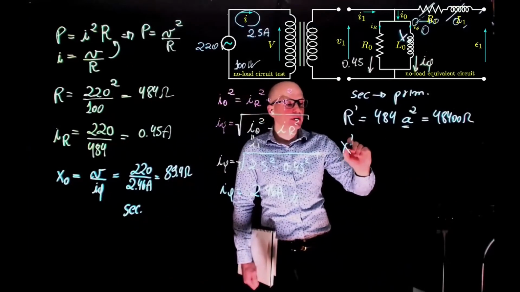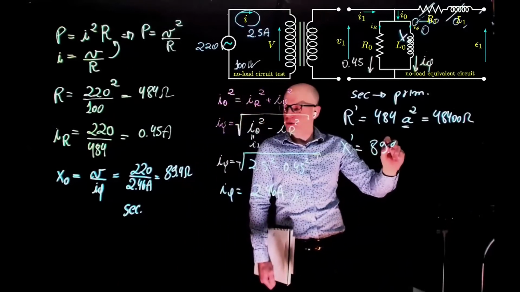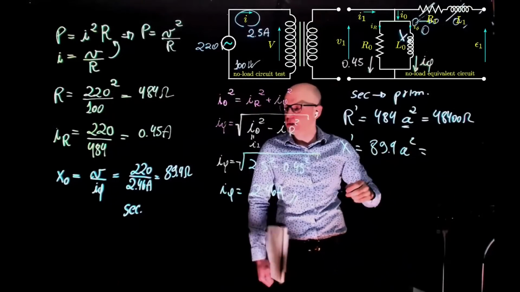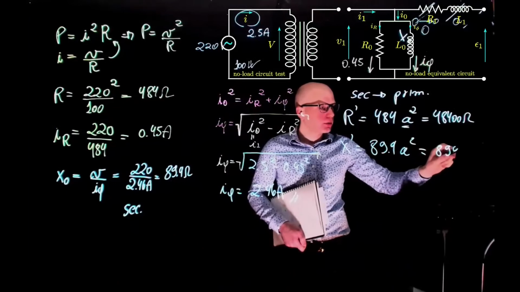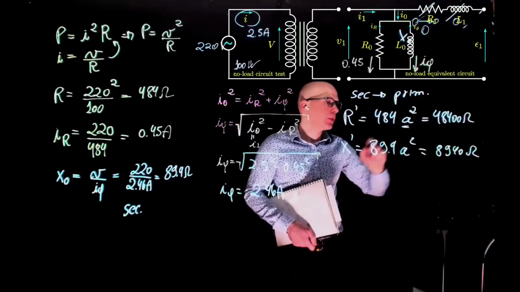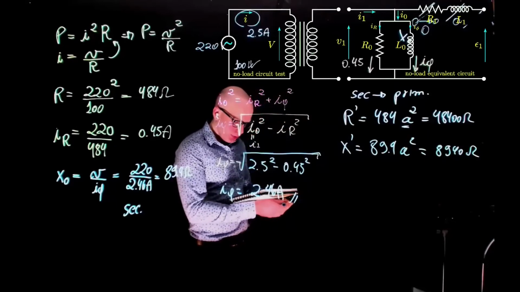What is the equivalent reactance? Is 94.4 times A squared, which is 10 squared, 100, and that is 9,840 ohms.